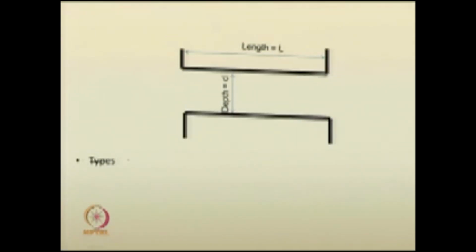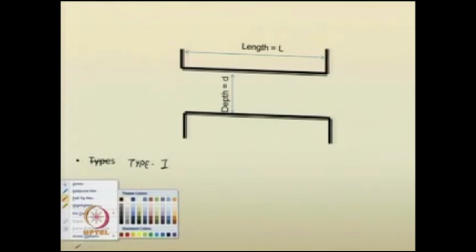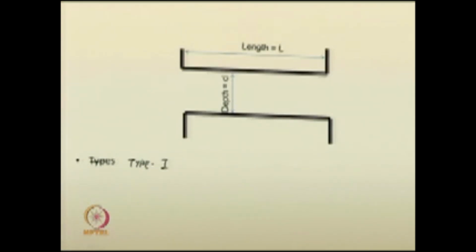I can just say type 1 flow, how it is encountered. Give the following now. Let this be the water depth here and let this be the water depth here.